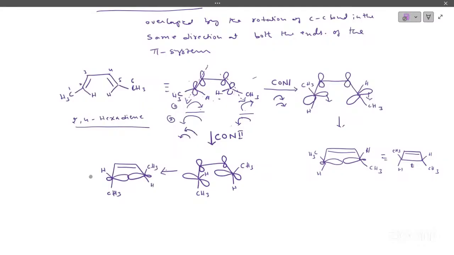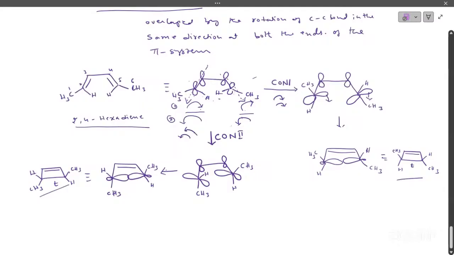You get it here. You get it. Two methyl groups are trans to each other. Here also the product is trans. In both cases, the same trans product is obtained.